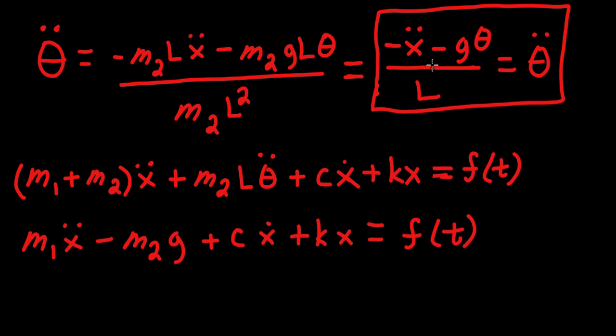And it might seem a little bit hand wavy, so let's just go over that really quickly. Theta double dot is just negative x double dot minus g theta over L, right? So if I toss that into here, that L is going to cancel, okay? So that's going to leave me with m2 times negative x double dot minus g theta. That in turn will cause this m2 x double dot to cancel with the m2 x double dot that comes from substituting in the expression for theta double dot.